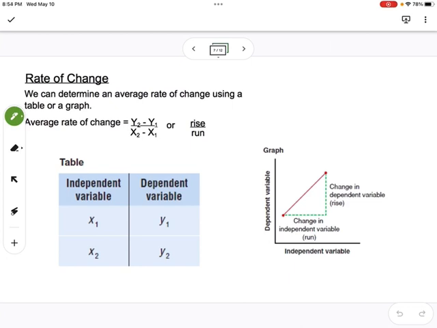Okay, so we're going to be talking about rate of change. So rate of change, this can be done using a table or a graph. The rate of change is rise over run, or it's y2 minus y1 over x2 minus x1.